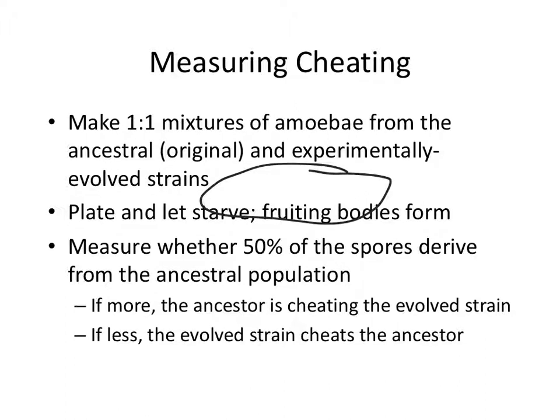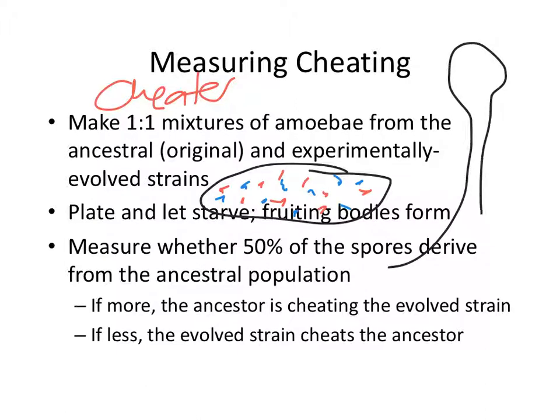So if you had a slug, it could be made up of an equal number of, let's say that's red cheater cells, blue non-cheater cells. So when this forms a fruiting body, if cheating has evolved during the experimental evolution of the lines, then you'd expect most of the non-cheater cells to be in the stalk, maybe a few up in the fruiting body.